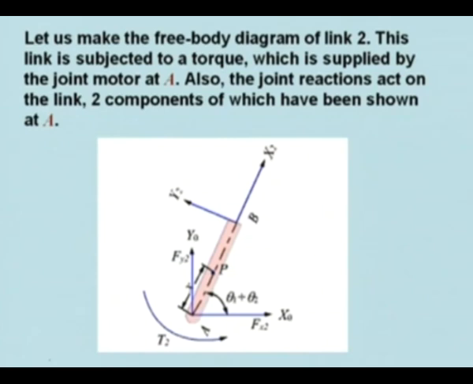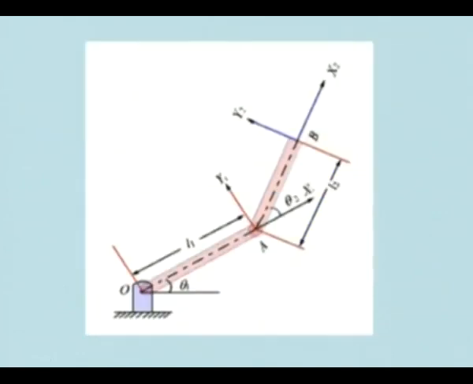Now we can make the free body diagram of link 2. This is link 2. Here I have shown the axis system also. One fixed axis is like this, x and y here. Then you have x1, y1, that is x1 is along link 1 and y1 is perpendicular to it.